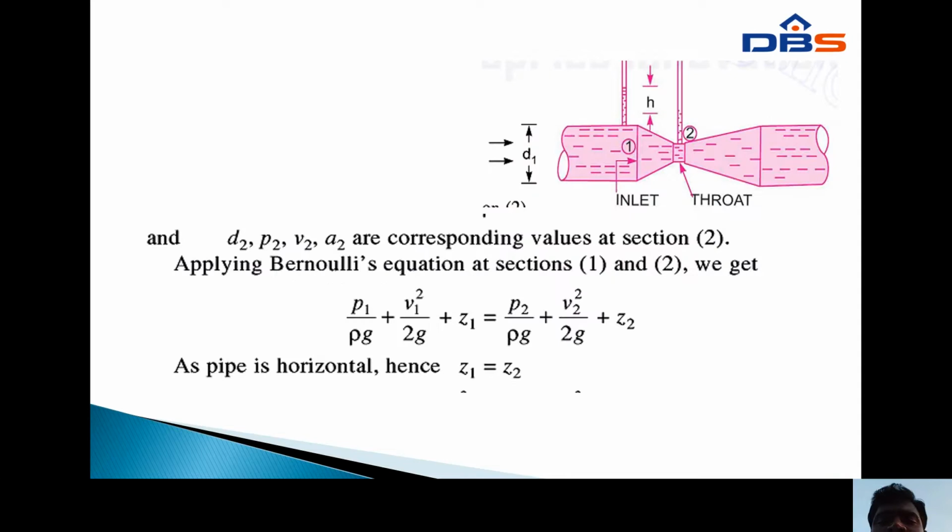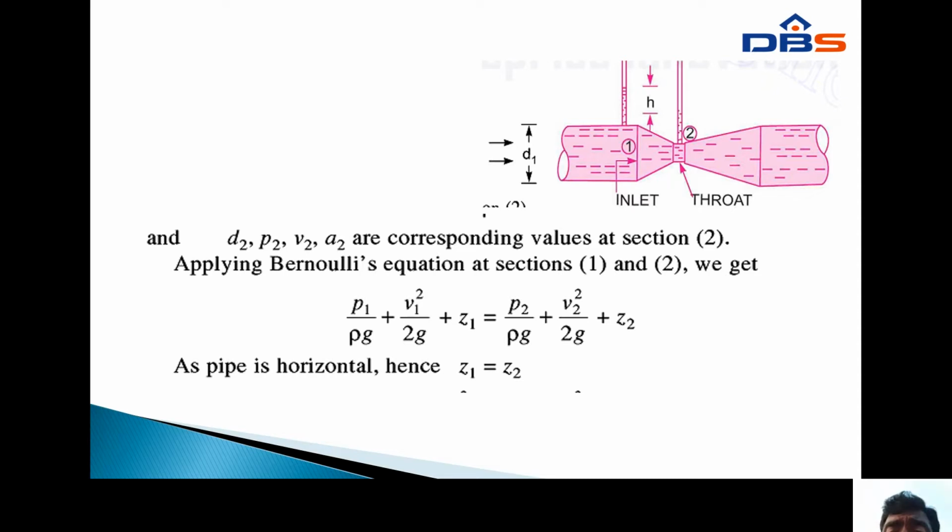As shown in the figure, this is a Venturi meter. Section 1 and section 2 are connected with two manometers. 1 is the inlet pipe and 2 is the throat. D1 is the diameter of the inlet pipe, and D2 is the diameter of the throat.